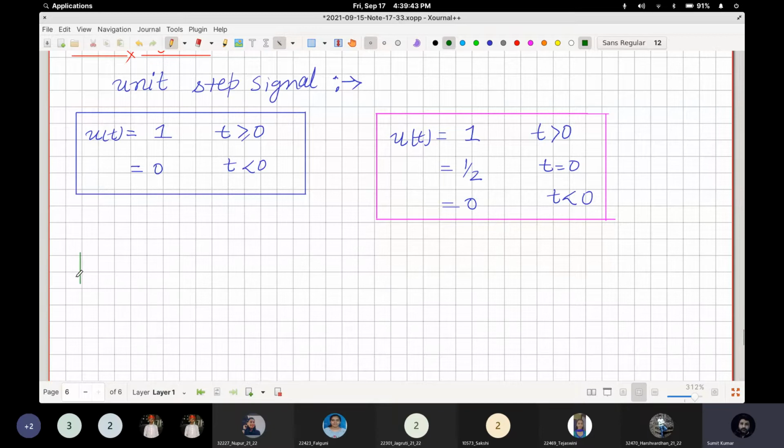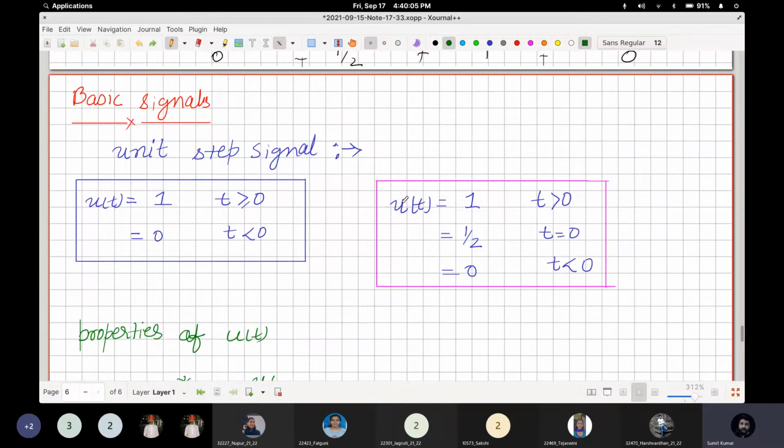Let's move on to the properties of u(t). Let me draw u(t) here first. u(t) is a signal which is 0 up to t equal to 0, and after that it takes a step and becomes 1.